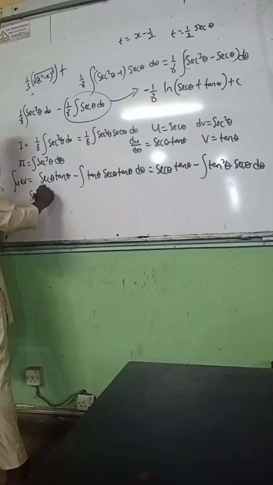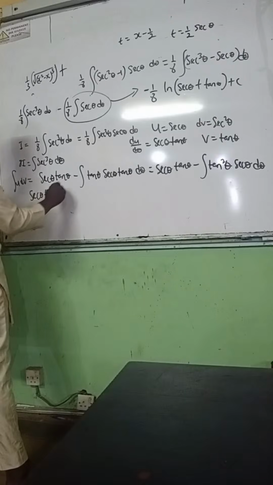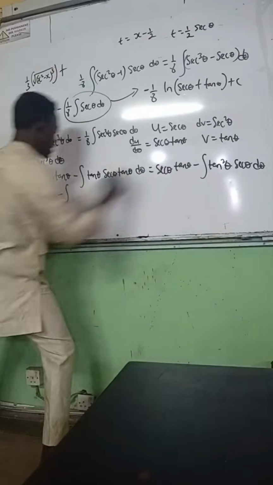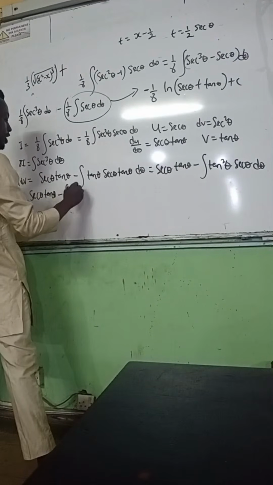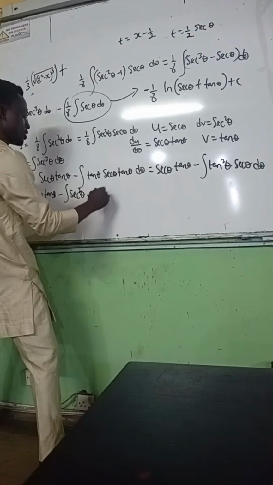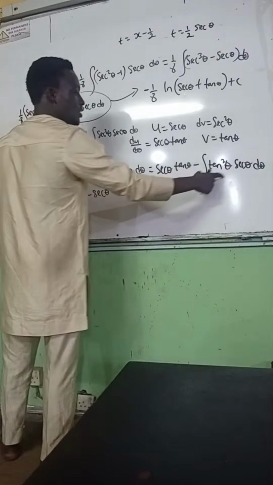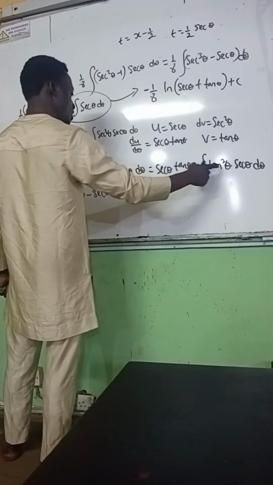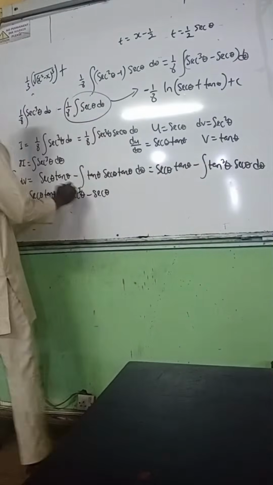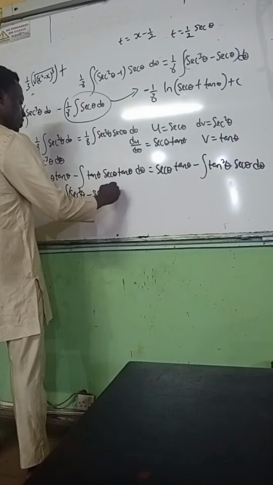sec theta tan theta minus the integral of tan squared theta, which is sec squared theta minus 1, times sec theta. That is sec cubed theta minus 1 times sec theta. If you replace tan squared theta with sec squared theta minus 1, we have sec squared theta times sec theta, which is sec cubed theta, and the minus 1 times sec theta gives us this. Then d theta.